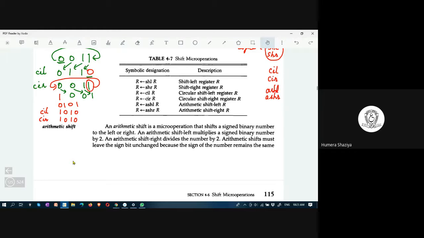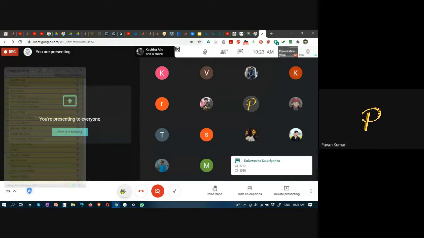This 0 is moved to this position. And here, this one is shifted to this position. Yes. Did everyone get this answer? Yes, ma'am.